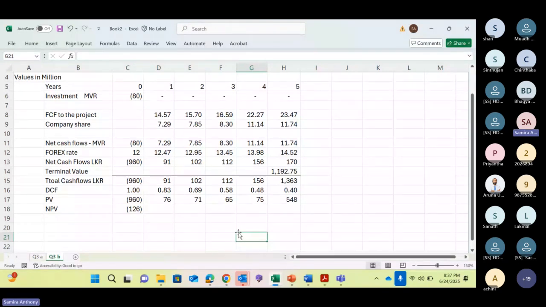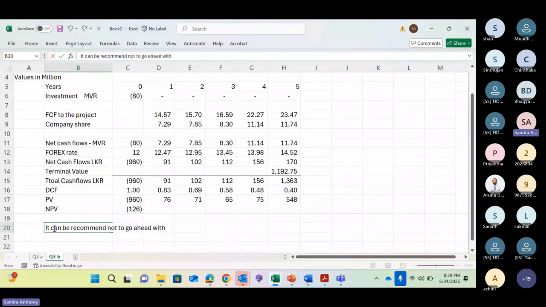Okay, now NPV becomes negative. Therefore, you can say to recommend not to go ahead with this investment. What are the other factors, right? Qualitative factors.